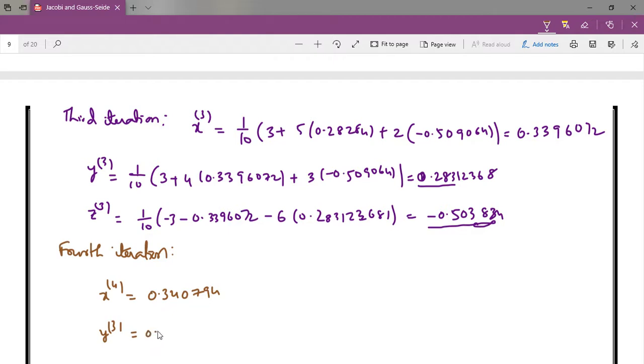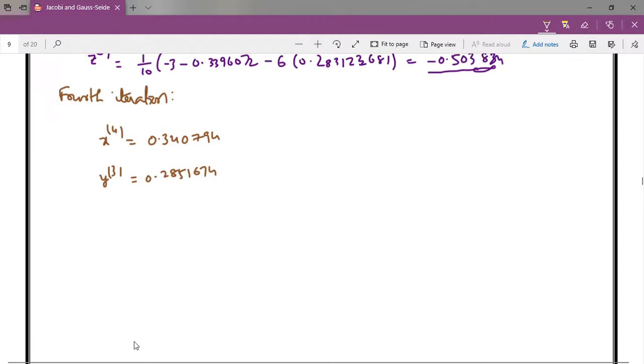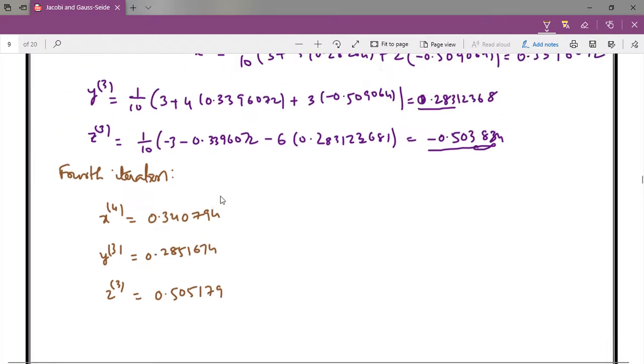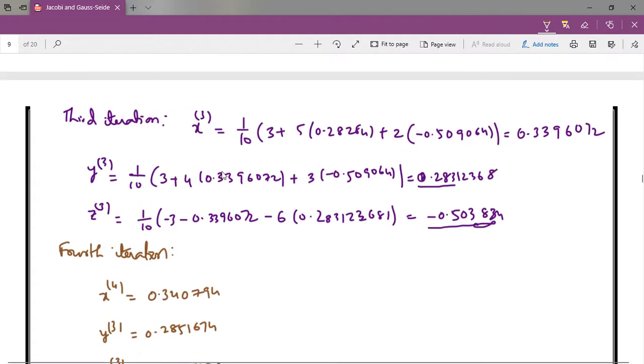So this is going to be 0.2851674 and z4. To find z4 use x4 and y4, we get 0.50517.